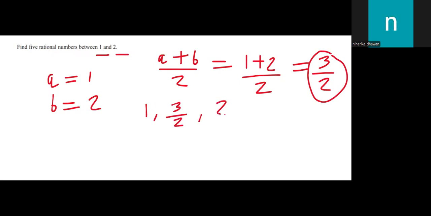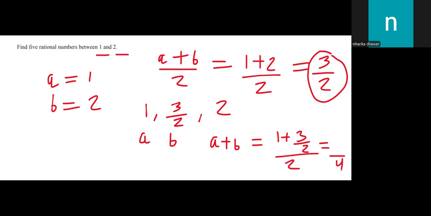Now we need to find four more rational numbers between them. So now we can take a equal to 1 and b equal to 3 by 2. So again (a plus b) by 2 is equal to (1 plus 3 by 2) by 2, which is equal to 5 by 4.